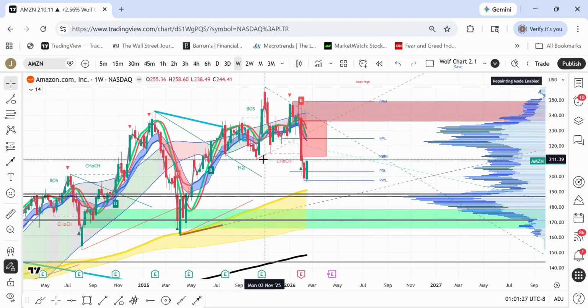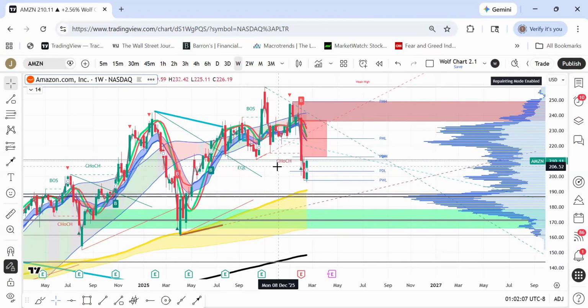Now let's look back at the last time we were tapping it as resistance, right here in May. That's the last time Amazon tapped this area as resistance. It came down, popped up, and tested it as support. So this is a perfect place to buy shares.